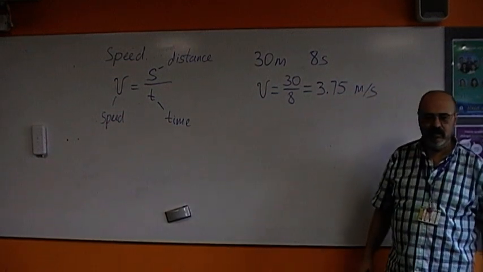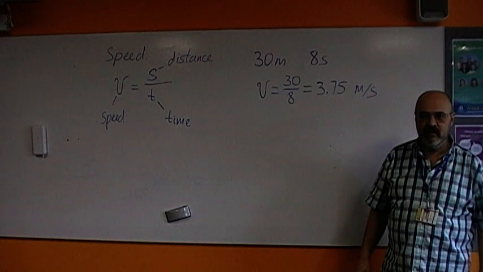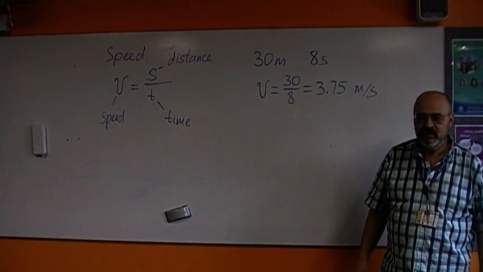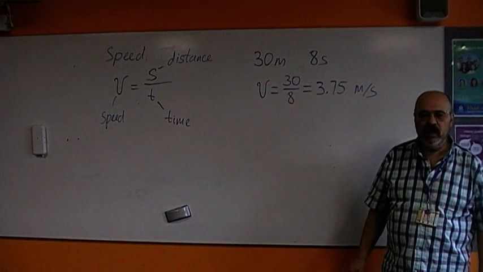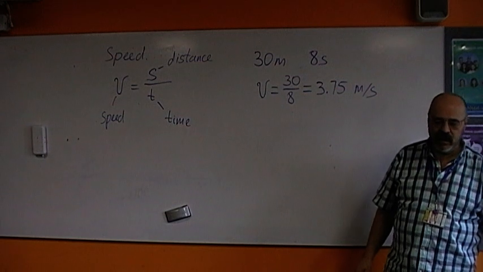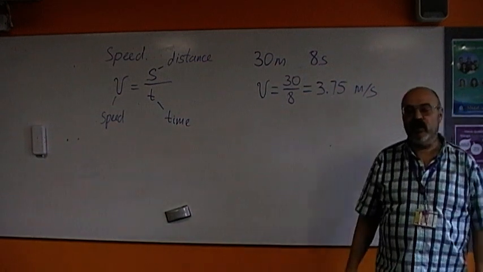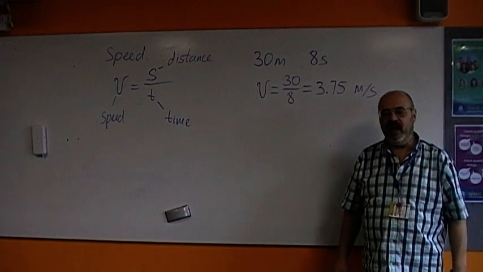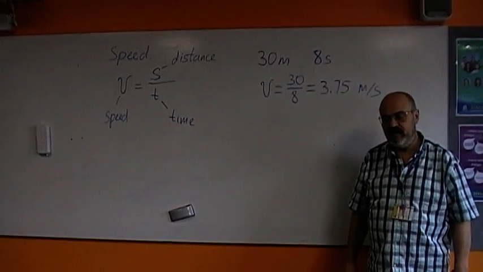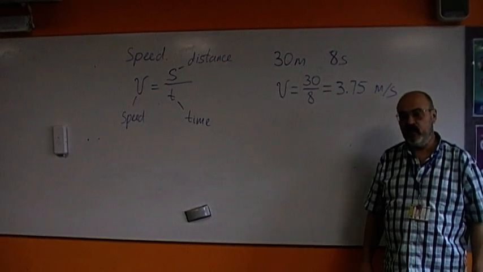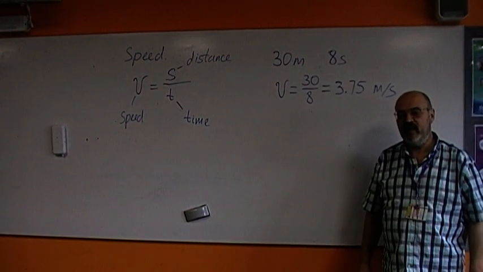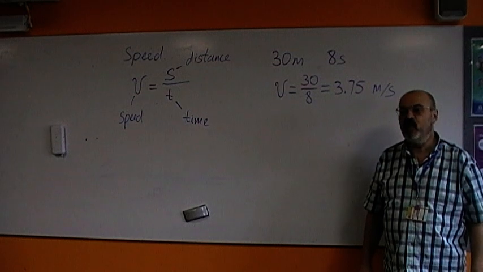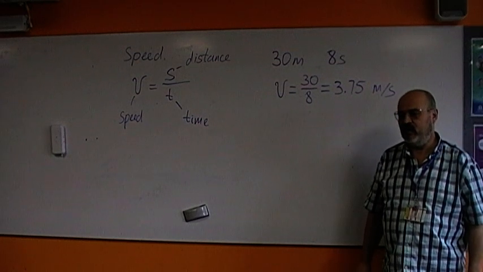Is that good or bad? That's bad. That's so bad. The record for 100 meters is 9.7 seconds. If you are able to run 100 meters faster than 12 seconds, it will be really good.